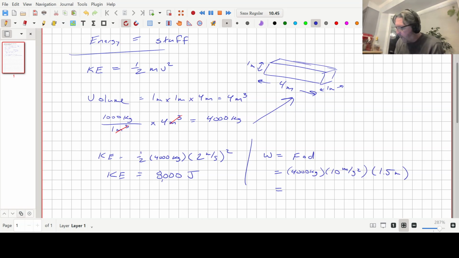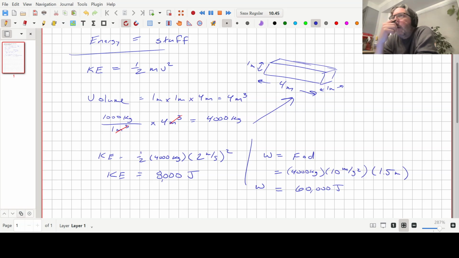So if I multiply that out, 4,000 times 10 is 40,000. 40,000 times 1.5 is 60,000 joules. That's how much work is done to lift the water up 1.5 meters, and therefore it's how much energy you gain by letting it drop by 1.5 meters.